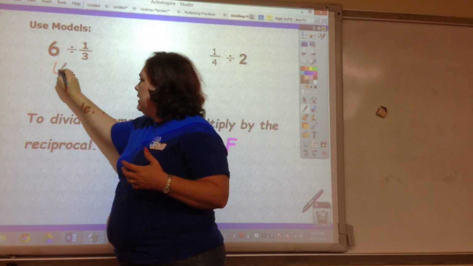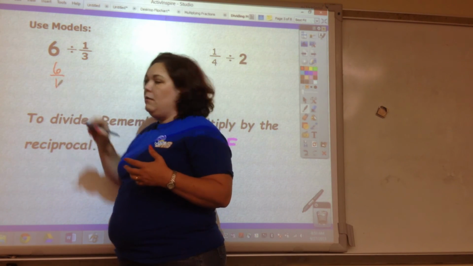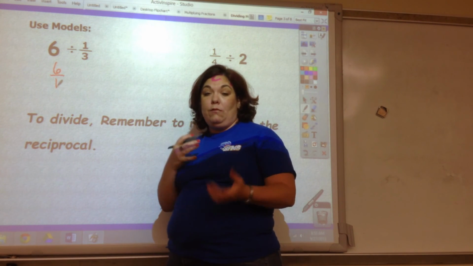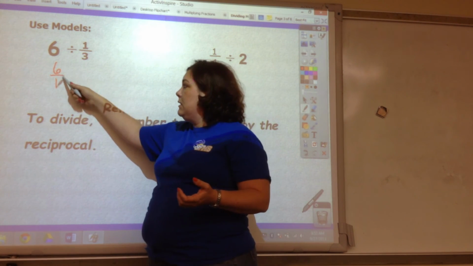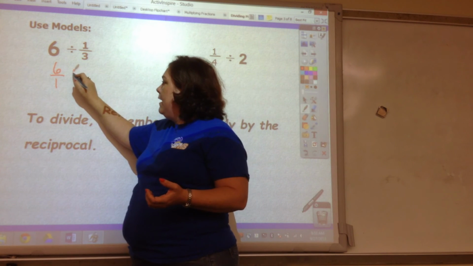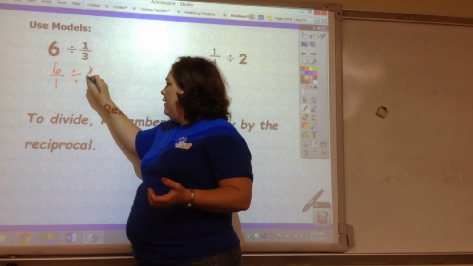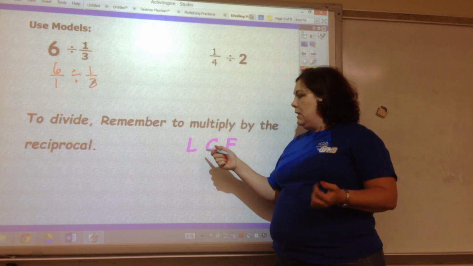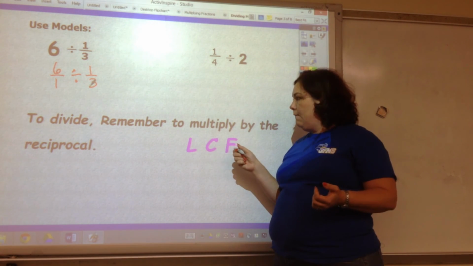So I would put 6 over 1. Okay, everybody remembers that. I need to make 6 into fraction form, and so that's 6 over 1 divided by 1 over 3. And then my rule for division is leave, change, flip.